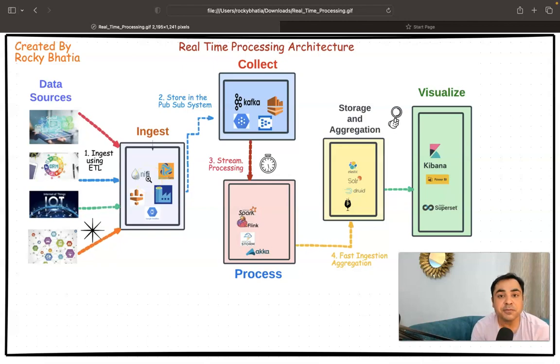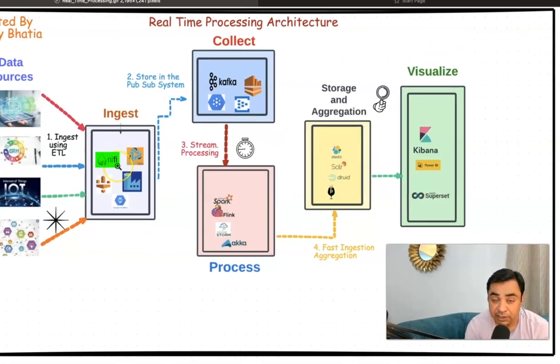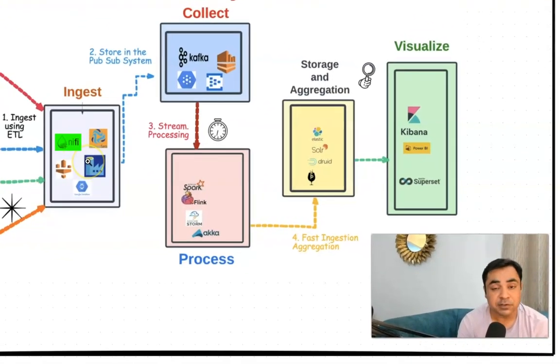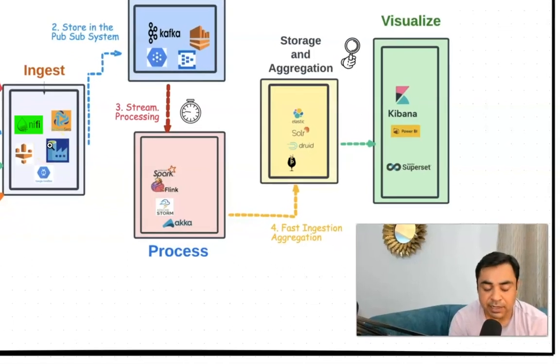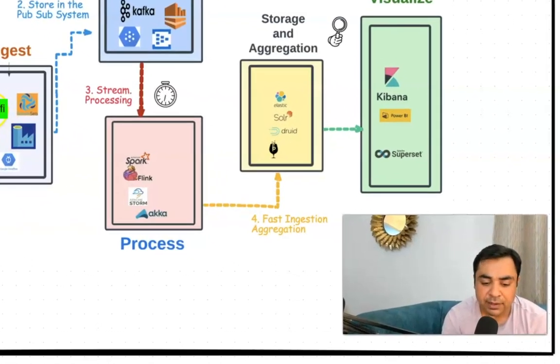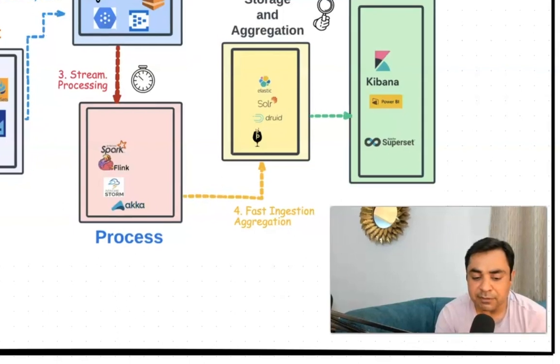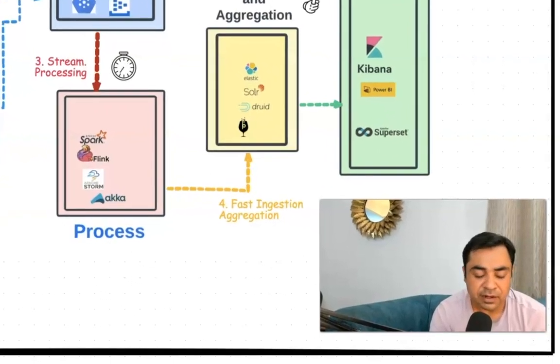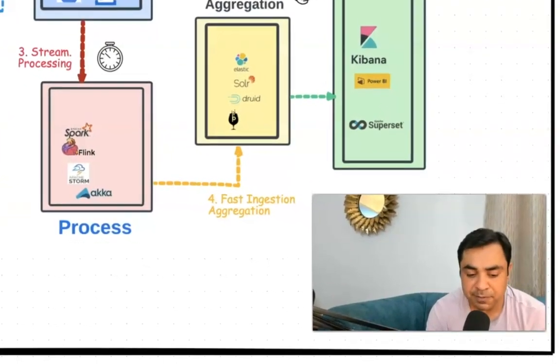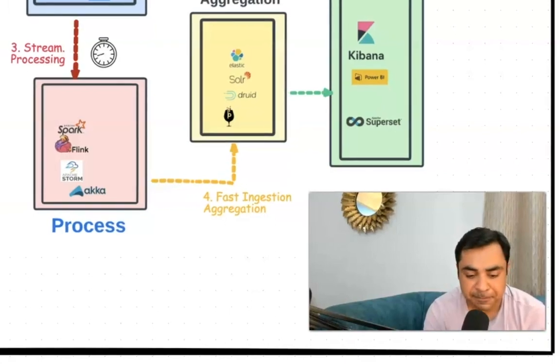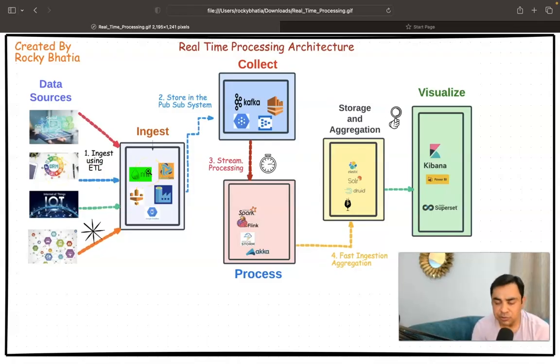NiFi is one of the most widely used ETL tools because it is open source and it offers 200-plus different connectors. It's very easy to use and it offers a lot of capabilities in terms of reading from different storage options, different NoSQL databases, messaging queues, and other things. So the intent is to use any ETL tool, whatever is present in our system, and create connectivity or a pipeline to bring all the data into our system.